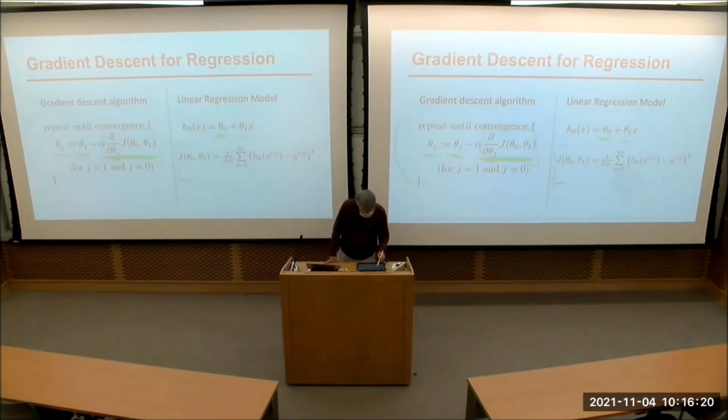This will tell us what direction we want to change this parameter. And we're going to multiply that by some value alpha, which is, once we know the direction we want to go in, how big a step we want to take in that direction. We have a current value of our parameter.